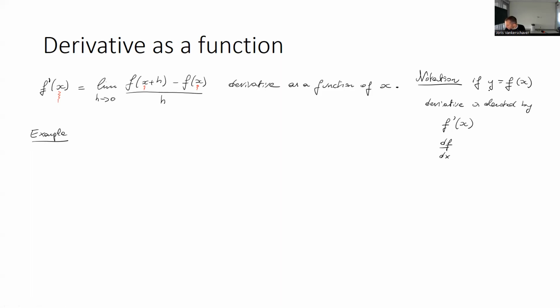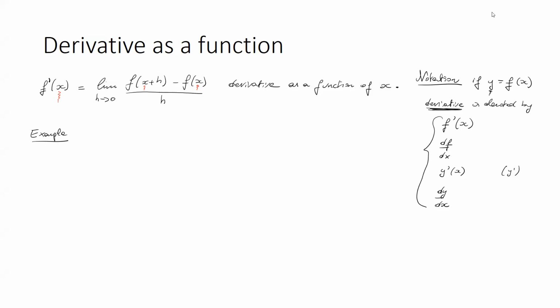And if we focus on this y, we'll also write this as y prime of x, or even just y prime, or dy dx. So all of these notations are used interchangeably, and they all mean the derivative. And implicit in all of those is the fact that what we have is a function of x.